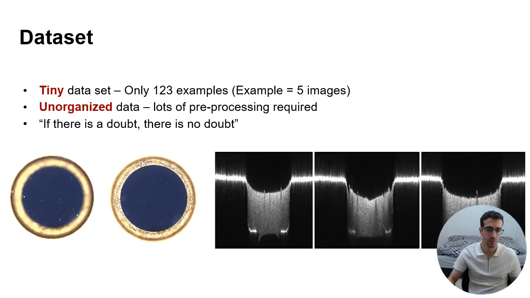Since the amount of data was tiny, we considered a relaxed problem in which there are only 2 classes, normal and defective. So we also converted the normal defective foams to the defective label under the assumption that if there is a doubt, there is no doubt.